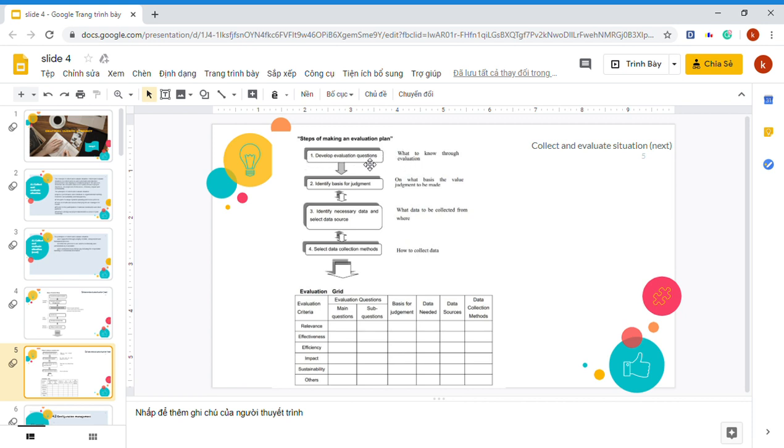It includes: 1. Developing evaluation questions to identify basic values, for example. 3. Identify necessary data and select data sources. 4. Select data collection methods.